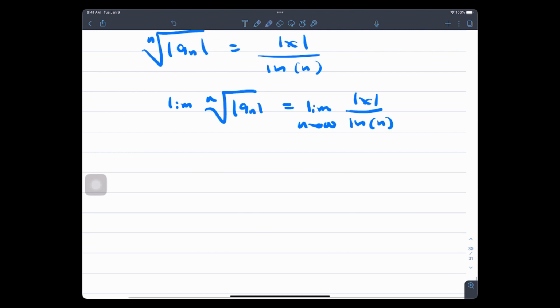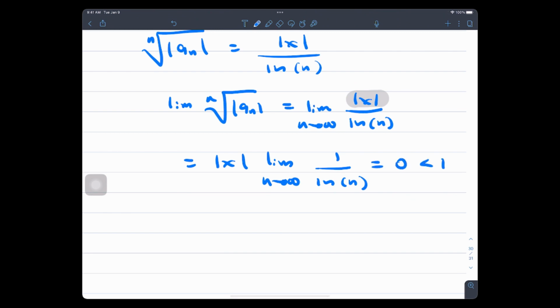So what do you guys do with this? What do you guys do with that? Don't you pull it out? Absolute value of x, limit, n goes to infinity, 1 over the natural log of n. What do you guys know about this limit now? This equals what? 0, which is less than 1.